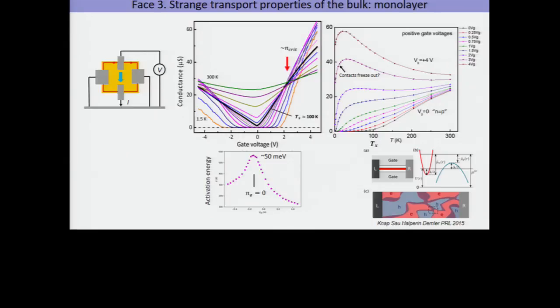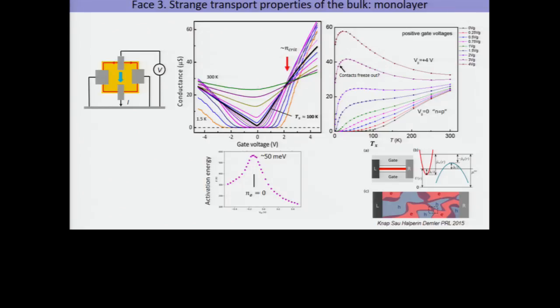We call this the bulk conduction. I just call it the conductance. As a function of gate voltage, of density, of doping basically, we see that at room temperature it's weak. As you cool, it develops this V shape. At a critical temperature, I call it Tx, of close to 100 Kelvin, that becomes a pretty sharp V, and the bottom of the V is getting close to insulating, right at zero doping.